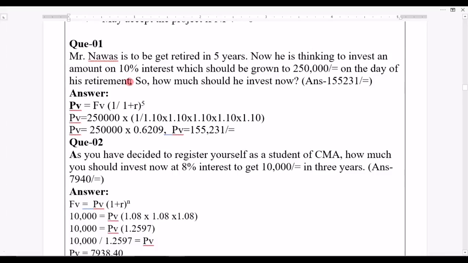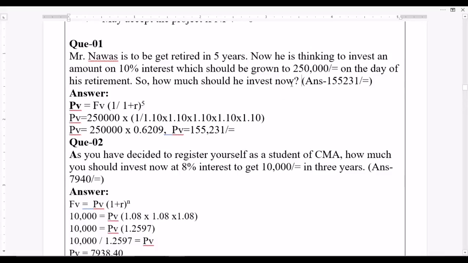That means he needs 250,000 on the date of his retirement. So how much should he invest now to get 250,000 in 5 years?